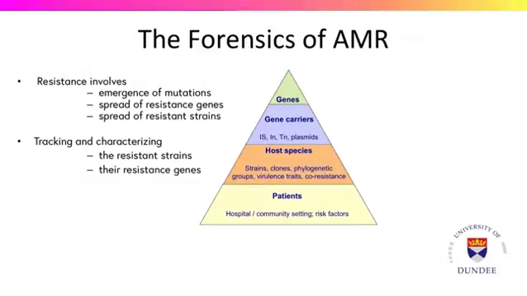And finally, of course, you have the patients from whom you're isolating these resistant bacteria. Are they in a hospital setting? Are they in a community setting? Are they in both? And what are the risk factors for acquiring a resistant organism as compared with a susceptible organism? All of these things put together give a far better understanding of the epidemiology of antibiotic resistance.